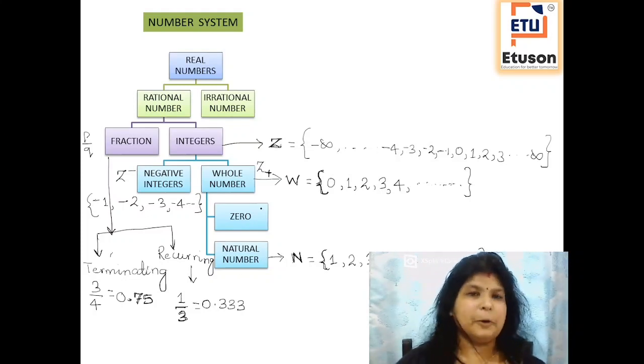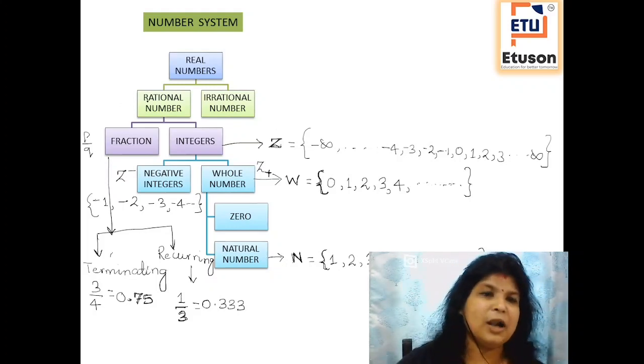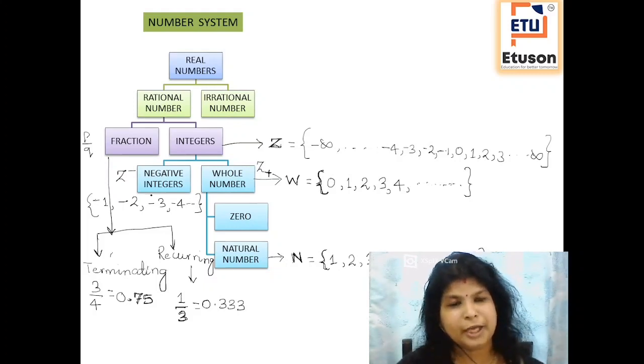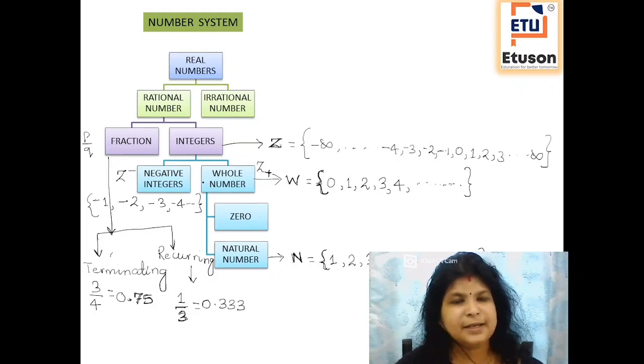Correct. Now the combination of integers and fractions makes another group of numbers. That is called rational numbers. Rational numbers include fractions, negative integers, zero, and positive integers.